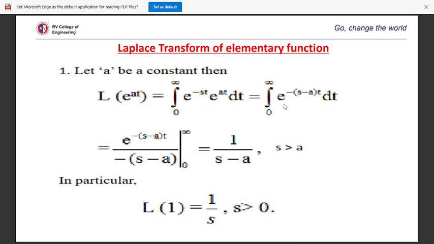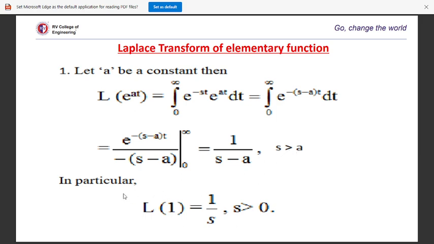The integration of e power minus of s minus a into t is e power minus of s minus a into t divided by minus of s minus a, between the limits 0 to infinity. If you substitute the upper limit infinity and lower limit 0 here, we will get 1 by s minus a, provided s is greater than a.